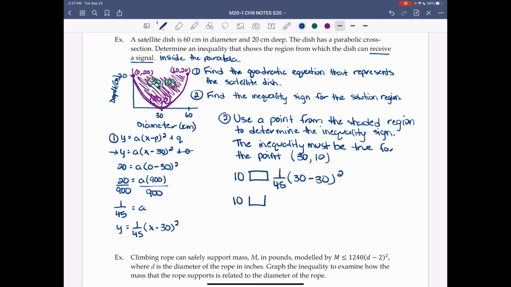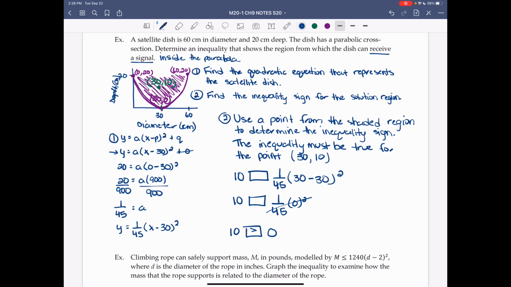10, unsure of our inequality sign, 45, 30 minus 30 is 0, and 0 squared is 0, times anything is just 0. We are left with 10 something 0. So is 10 less than 0, greater than 0? It is greater than 0.